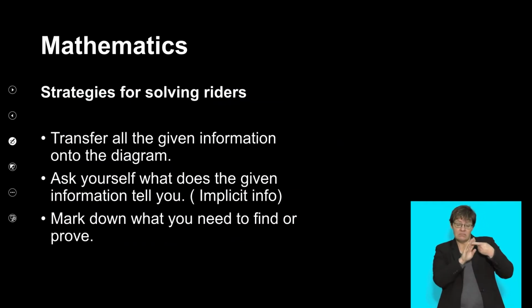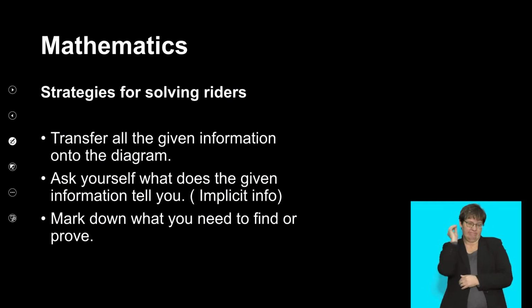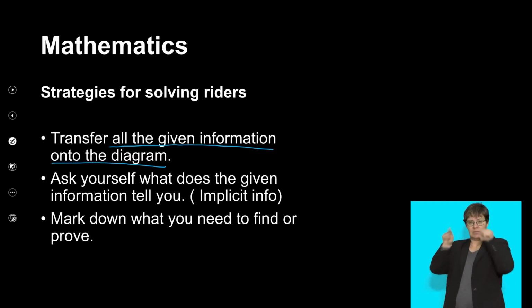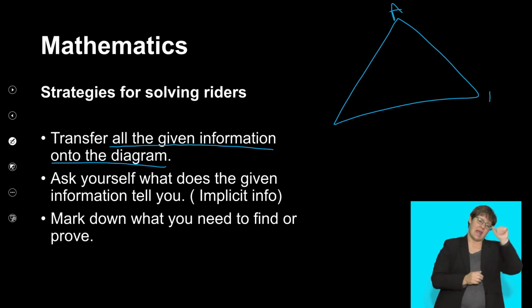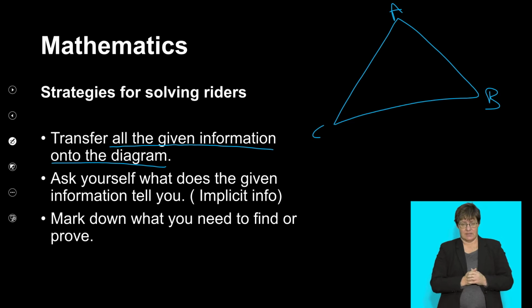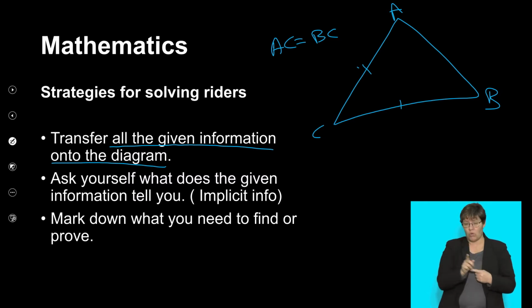Firstly, some strategies I want you to take here: you always need to transfer all the given information onto the diagram. For example, if I have a diagram like that, and they say this is A, this is B, this is C, and then the statement says maybe AC is equal to BC, I need you to go to the diagram and show it with a one-liner like that or two-liner like that to mean those lines are equal.